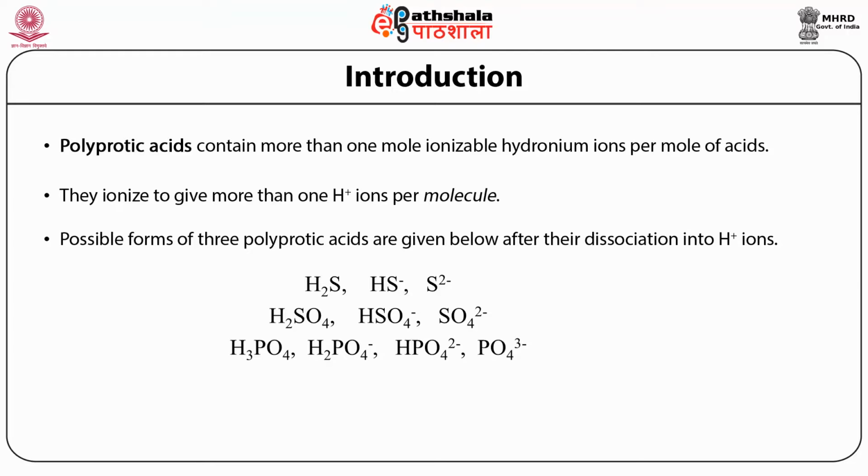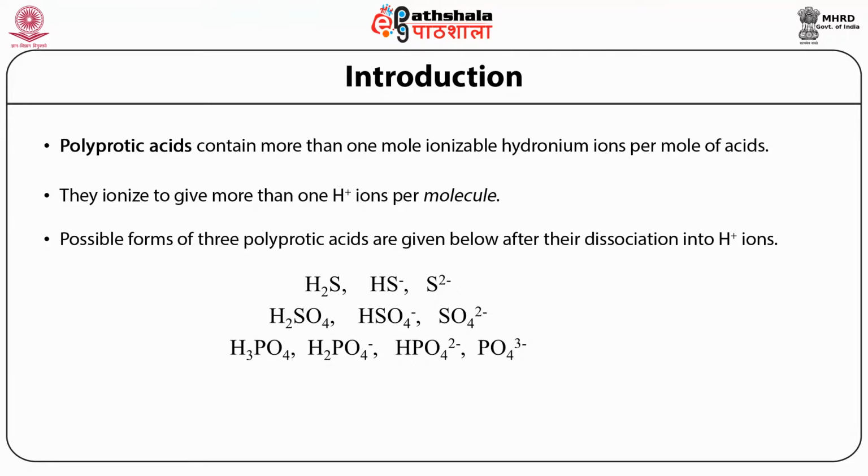Similarly, in the case of sulfuric acid, H2SO4, it dissociates, and after dissociation one proton is lost and it gives the HSO4 minus anion, and again it dissociates and gives one proton and forms the SO4 2 minus anion.